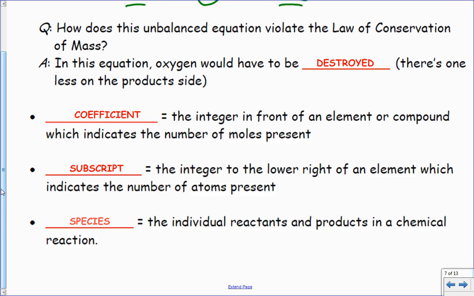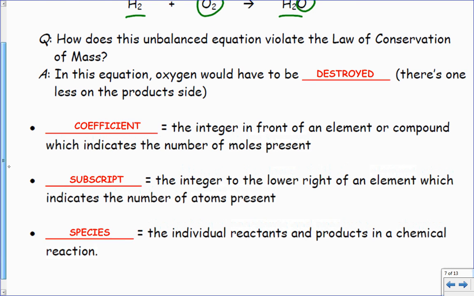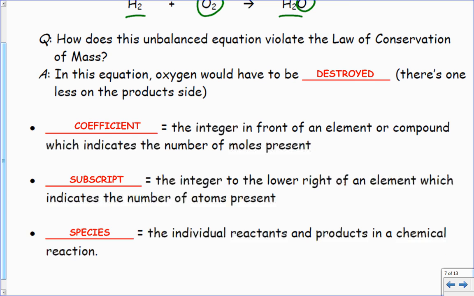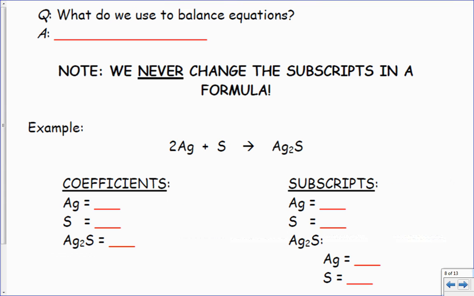Unless, of course, it's a polyatomic in parentheses, then it's the whole polyatomic. You will hear me use species a lot, especially when we get into bigger molecules. I will just term any reactant or product as a species if it's a single piece that's either a reactant or a product. Okay? So what we use to balance is coefficients, and this is the truth right here.